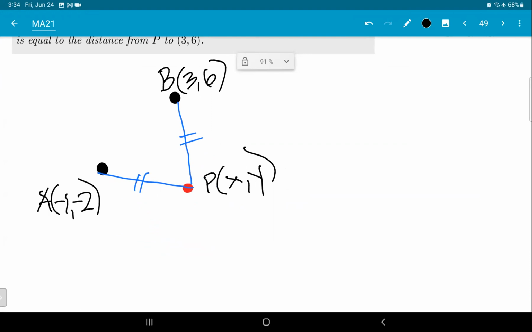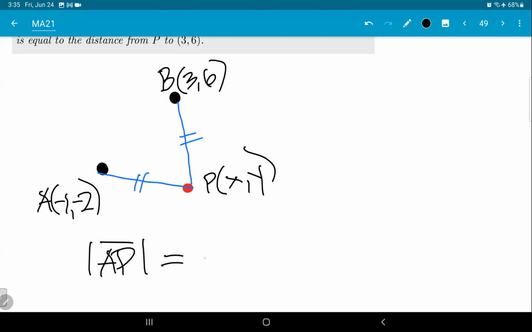So, -1, -2 first. Let's compute the length of AP. Denoted by this, this means the line segment AP. And if we put the absolute value symbol, we refer to the length of that line segment.